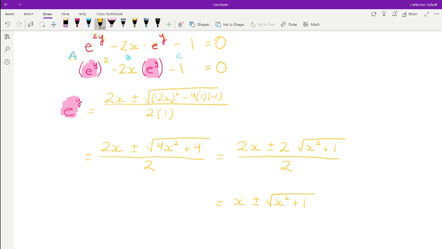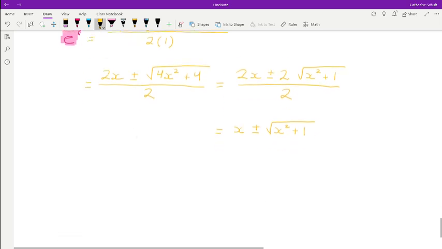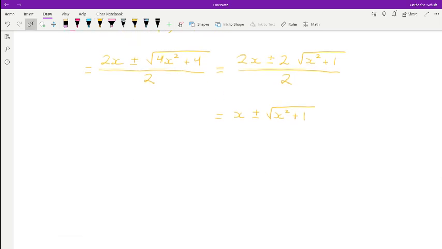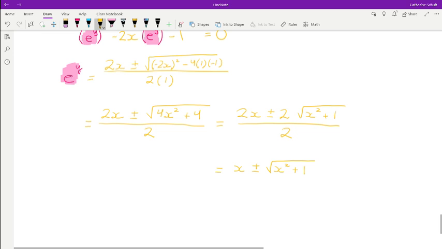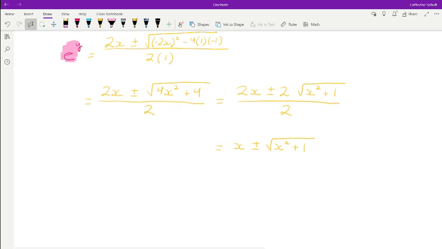Okay, so now we have, remember what we were doing? This is e to the y. So e to the y is equal to x plus or minus the square root of x squared plus 1.